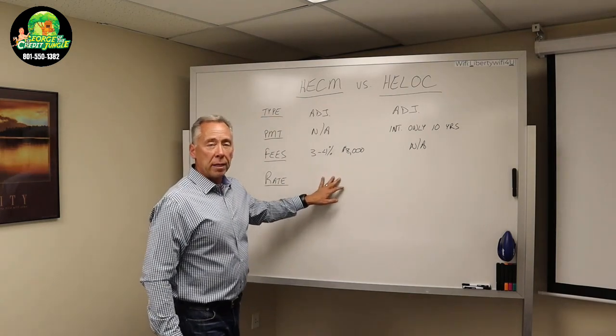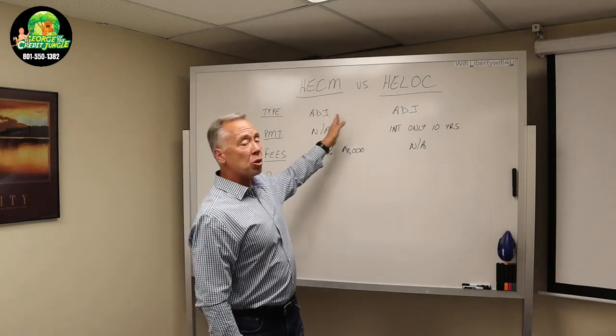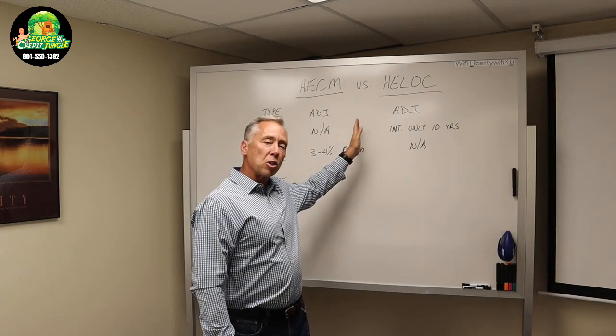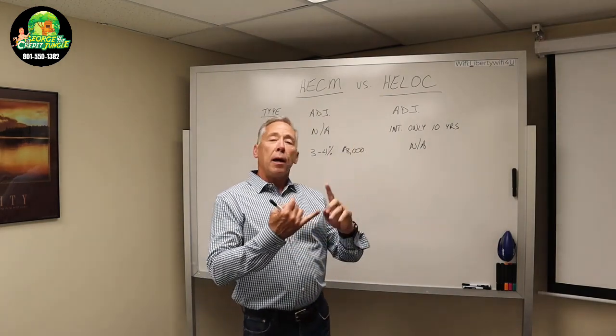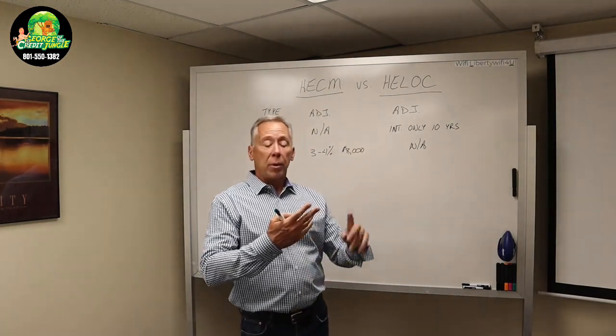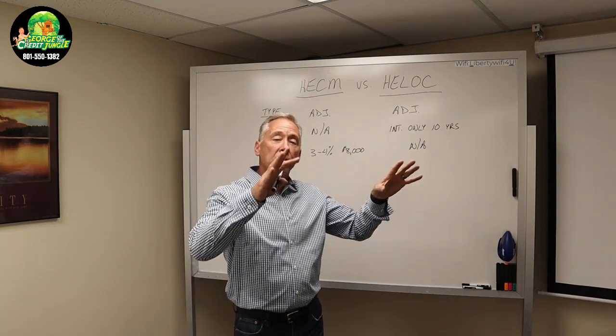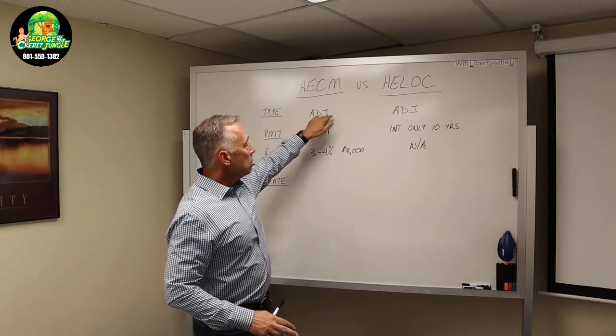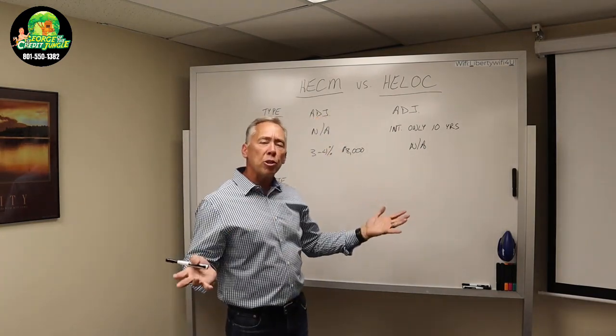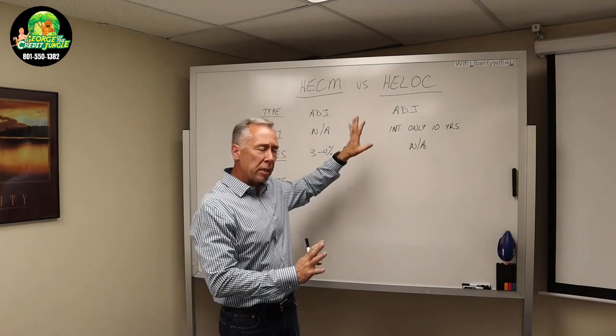How about the interest rate? Well, as I said, they're both adjustable rate mortgages, and adjustable rate mortgages have a margin, a cap, and an index, something that they are pegged to. Most of these are pegged to a treasury security or a basket of treasury securities.